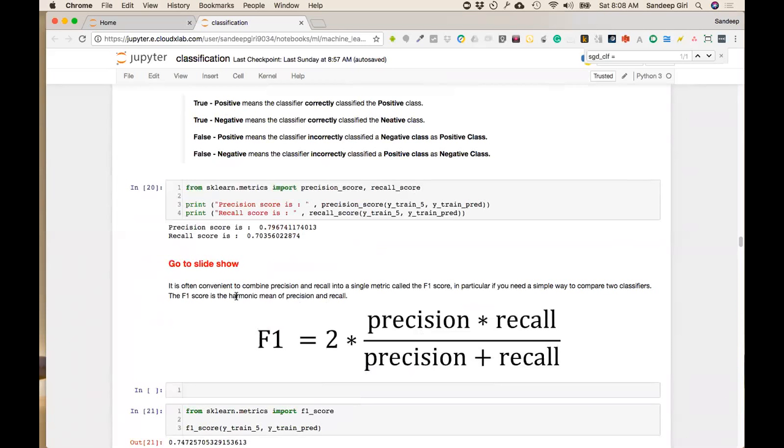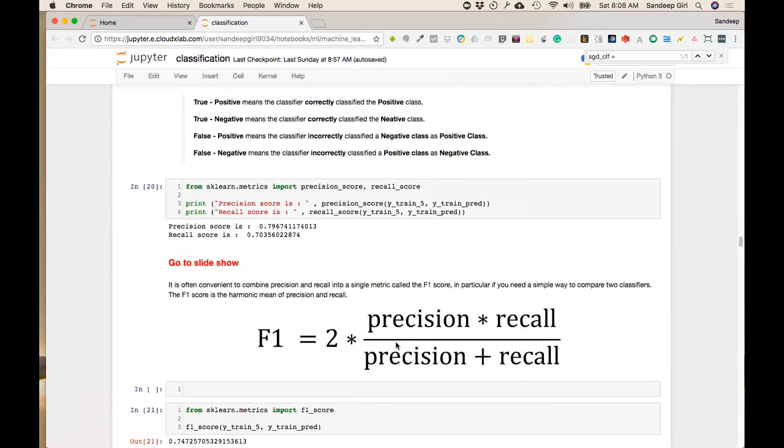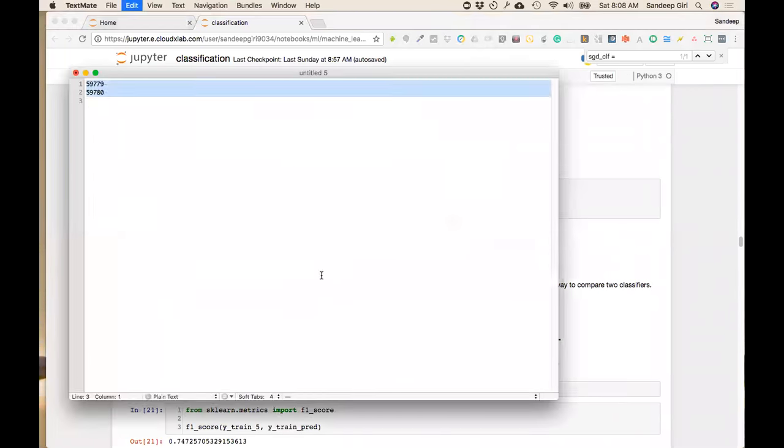Since we have understood precision and talked about precision and recall very much, there is another thing called F1 score. F1 score is the harmonic mean of precision and recall. The equation is like this: 2 by F1 equals 1 by recall plus 1 by precision.